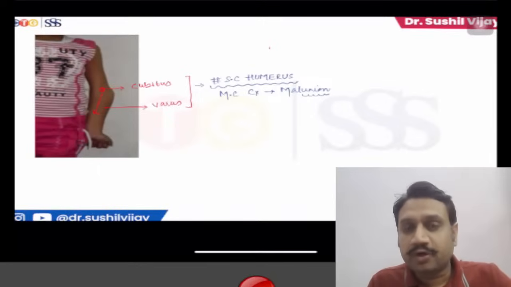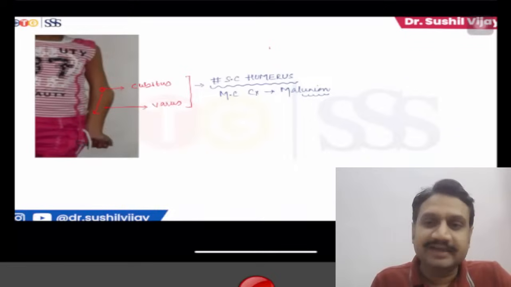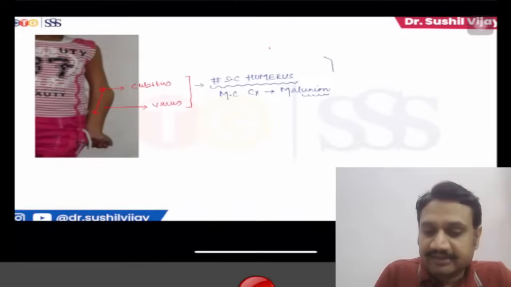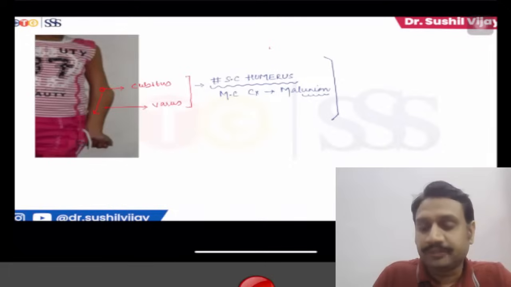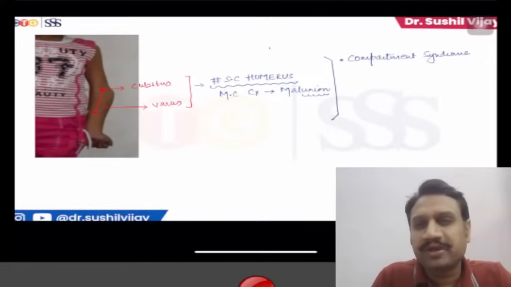Now, in supracondylar, please do remember not only the malunion. Dr. Sid has said very correctly, supracondylar humerus. Now, what else can be the question? The other question can be all the points which you learn in relation to compartment syndrome. Because supracondylar is one such area which can produce so many complications related to compartment syndrome, like the pressure effect.